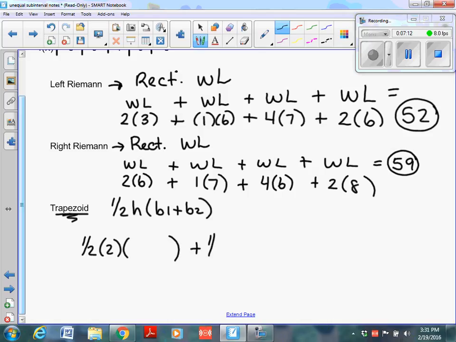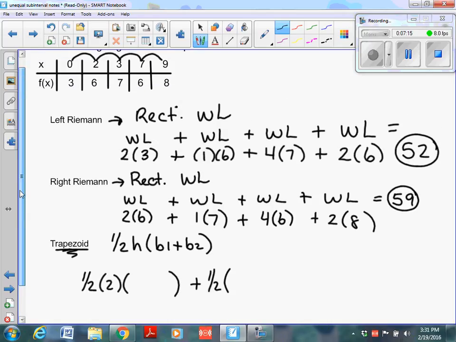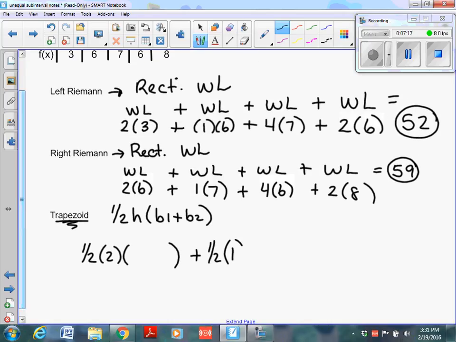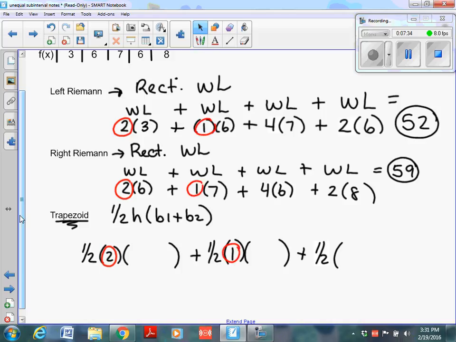Plus 1/2, I'll come back to those. If you look at the next one, the height is 1, plus 1/2. It's the same as these up here. I'm just going to circle that. The width is, and the heights are all the same. And the 1 and the 1, so this is a 1, and the next one is going to be 4.